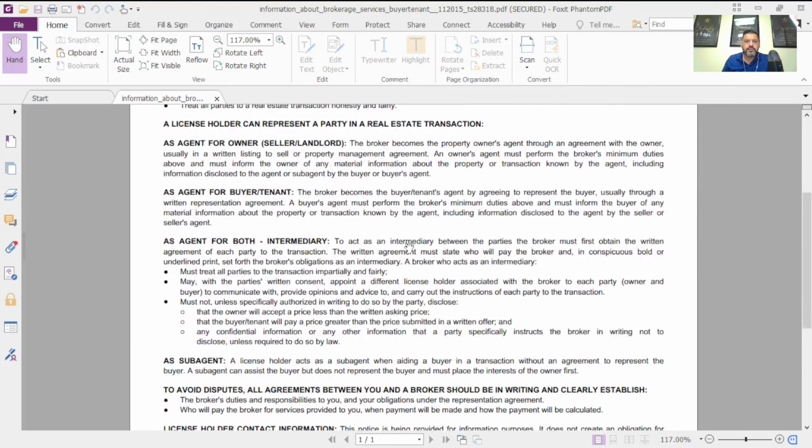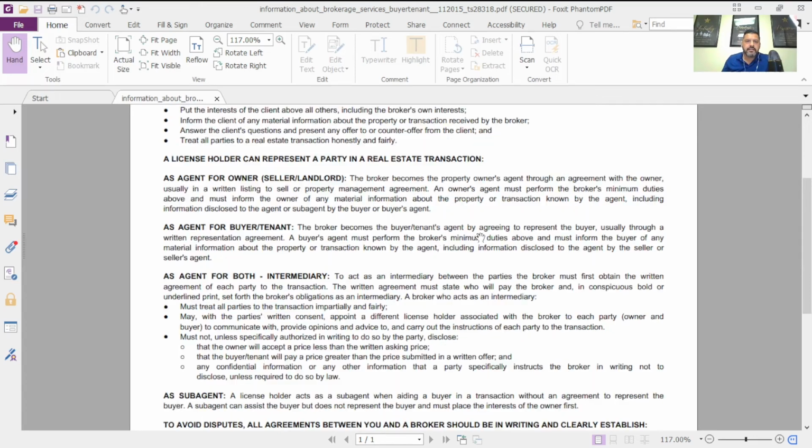The third way you can help a client is working as an intermediary, as you are working as an agent for both, for the seller and the buyer. So with intermediary, there are 2 ways you can work: intermediary with appointments and intermediary without appointments. When you're working as intermediary with appointments, the broker assigns one sales agent for each party.